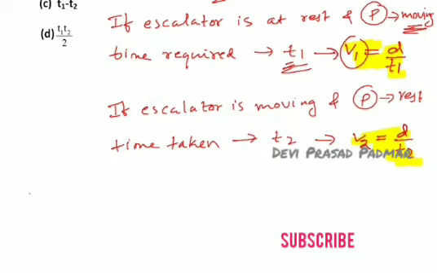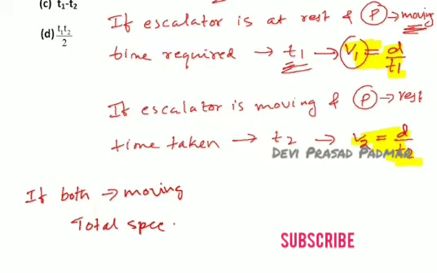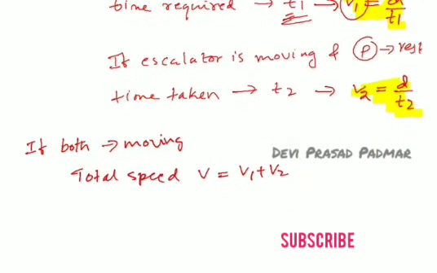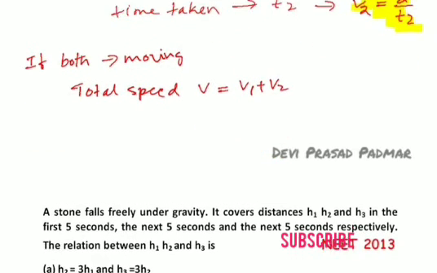Now if both Preeti and the escalator are in motion, then the total speed, let it be v, is nothing but v1 plus v2.